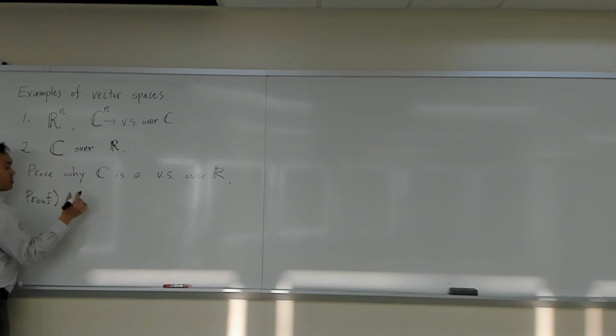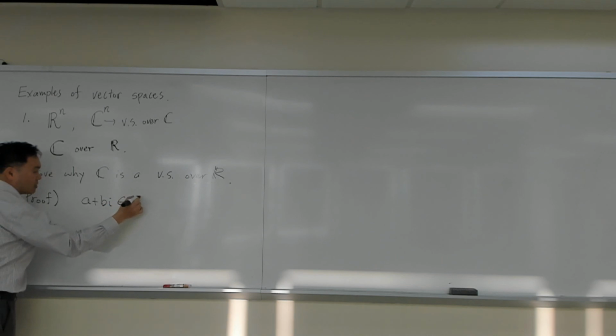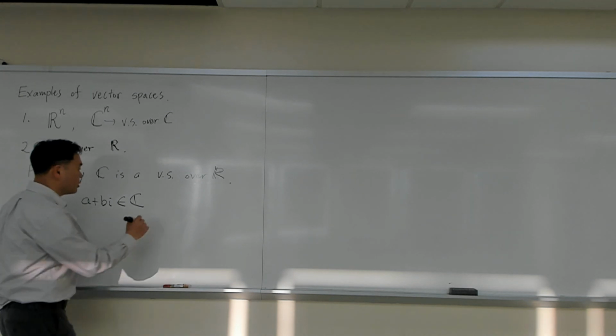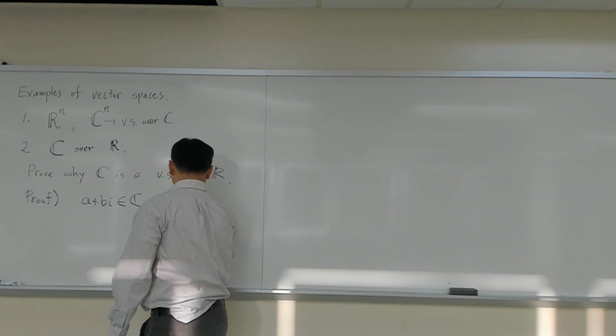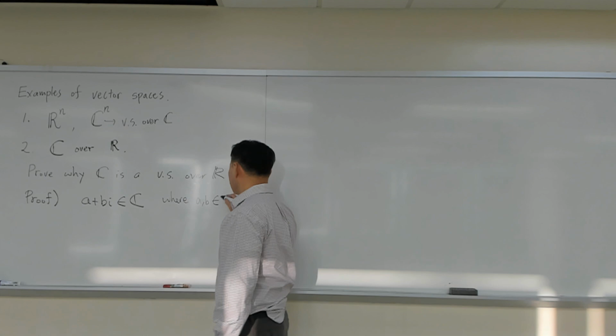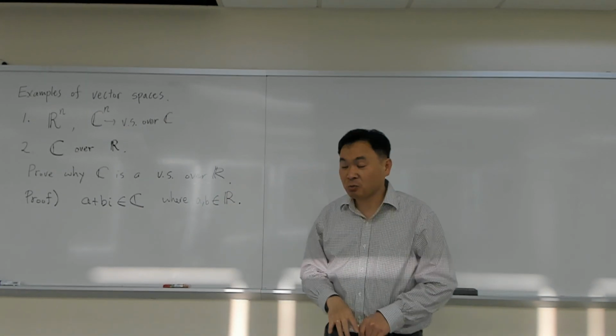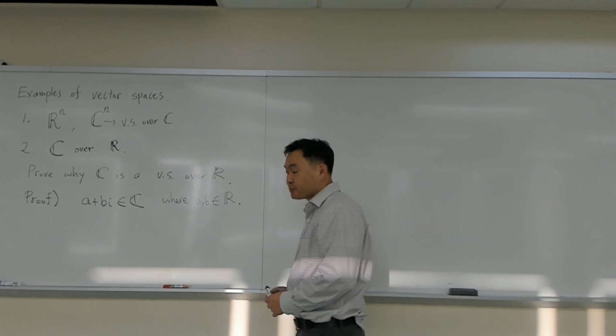Therefore things in here are of this form: any complex number is a real number plus another real number times i, where a, b are in R. So that's something that we know to be true.